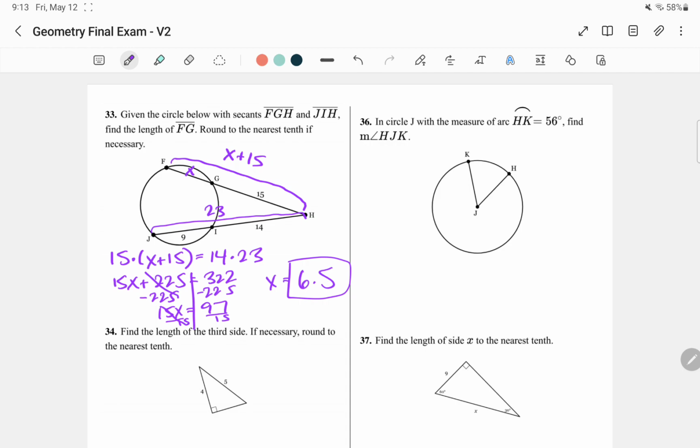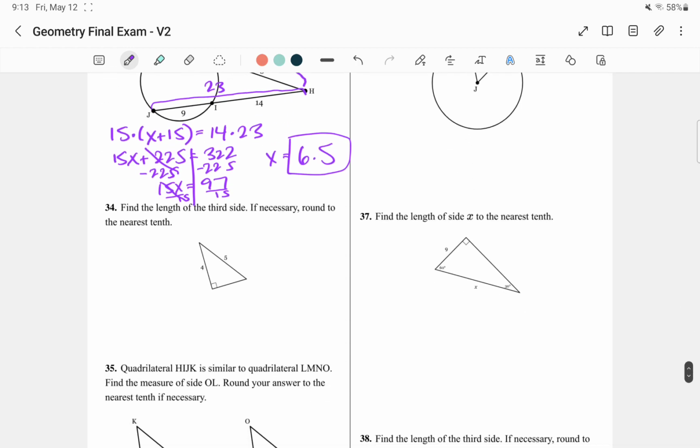All right, number 34, find the length of the third side. If necessary, round to the nearest tenth. Since I don't have any angles here and it's a right triangle, I'm going to use the Pythagorean theorem, which means I'm going to write a squared plus b squared equals c squared.